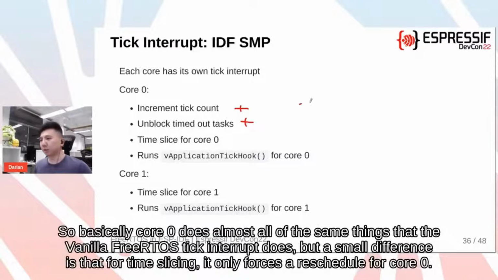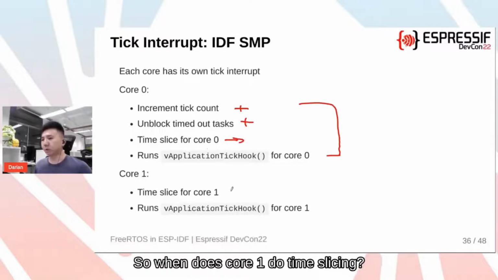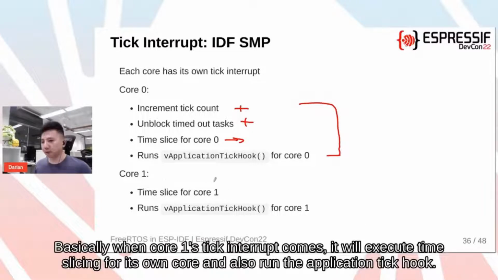So core 0 does almost all of the same things that the vanilla FreeRTOS tick interrupt does. But a small difference is that for time slicing, it only forces a reschedule for core 0. So when does core 1 do time slicing? When core 1's tick interrupt comes, it will check for time slicing for its own core and also run the application tick hook.